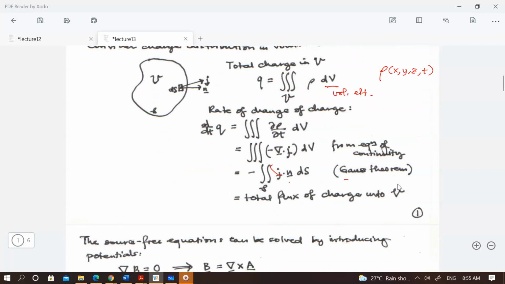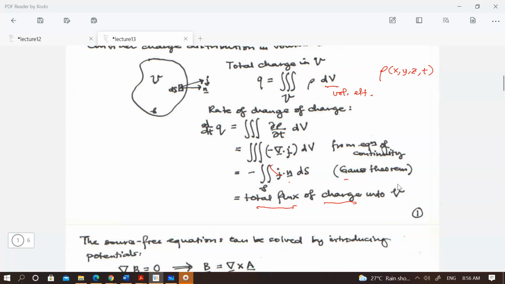That can be interpreted as the current density going out, meaning the charge is actually moving out. Remember, the rate of change of charge will be just your current. So this is essentially what we call the flux into the system or out of the system, and that will be the flux of what? Flux of charge.